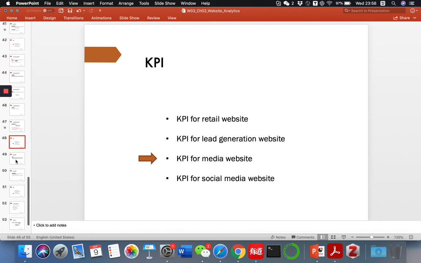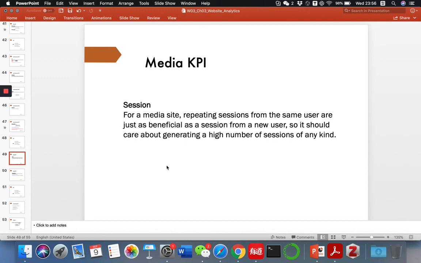And the third type is media websites. Media websites like CNN, like the New York Times, like the Washington Post, like Time. We also care about the session. Session means viewers.